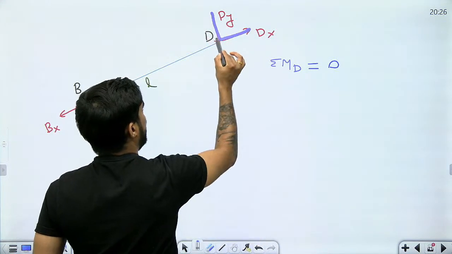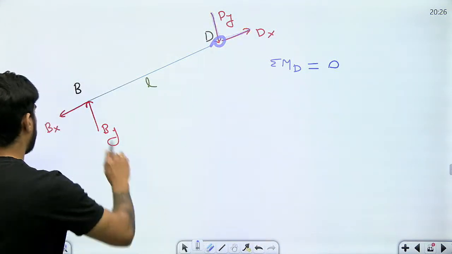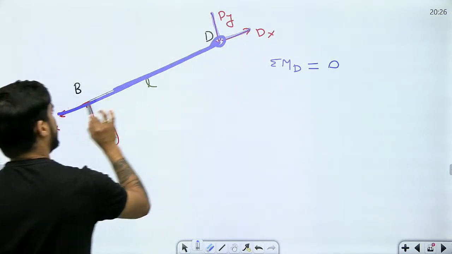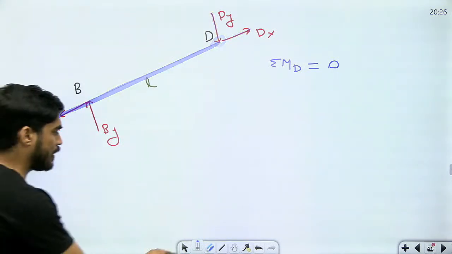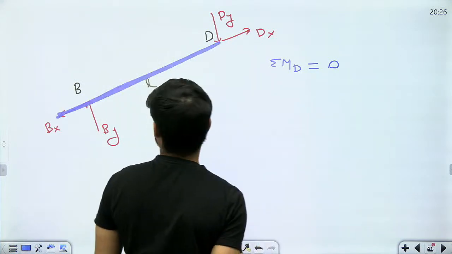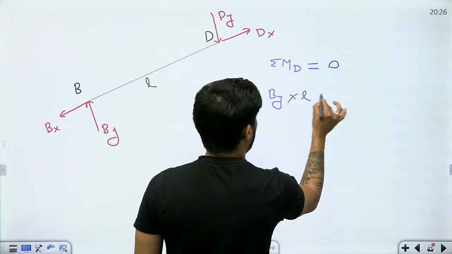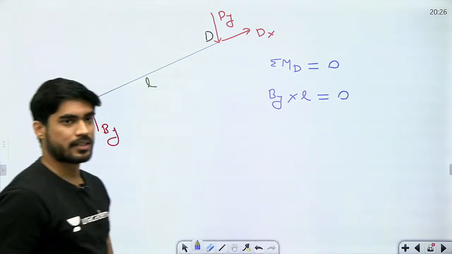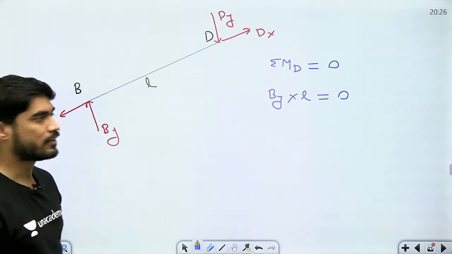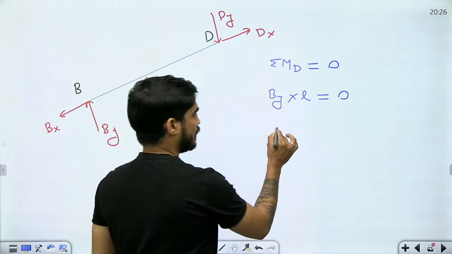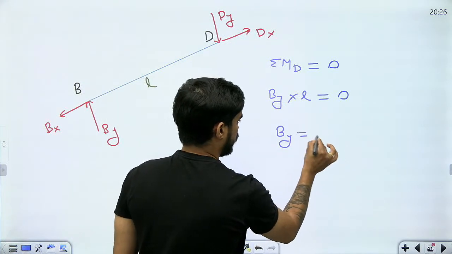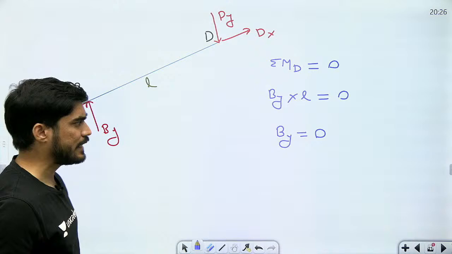dx and dy are both acting at point D, and bx is also passing through point D. So I will only get the moment of by. So by into L will be 0. Now the length is not 0, so in this product by will be 0, right?